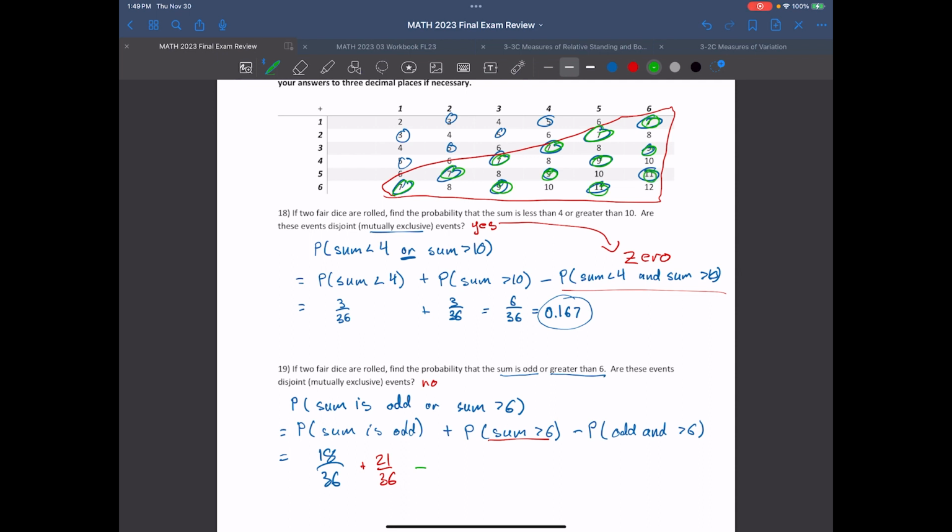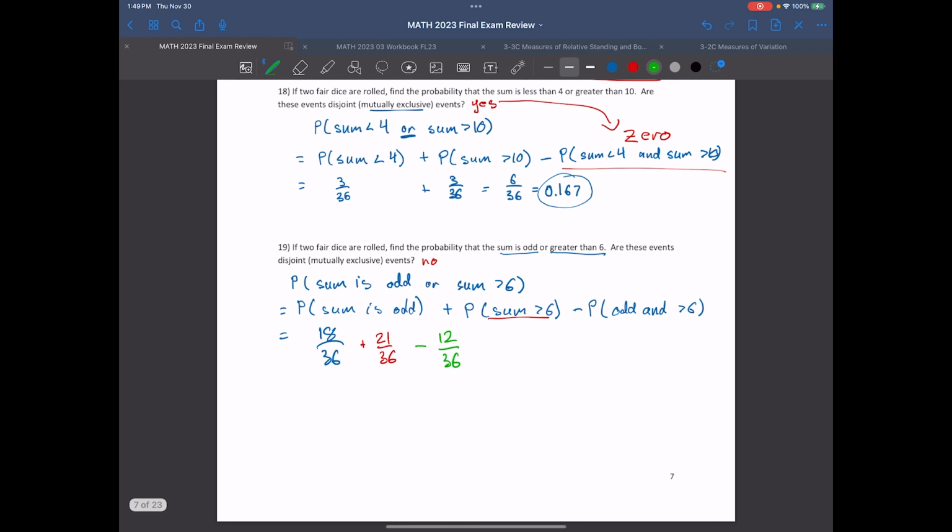So 1, 2, 3, 4, 5, 6, 7, 8, 9, 10, 11, 12. So 12 out of 36 will be the number that fit that last statement. So maybe just realigning these. So that goes there. And this gives us our computation.